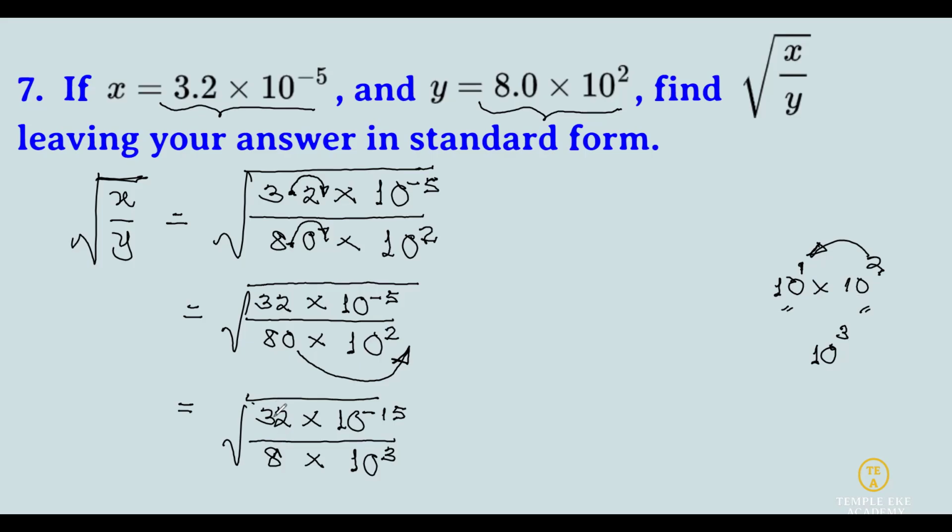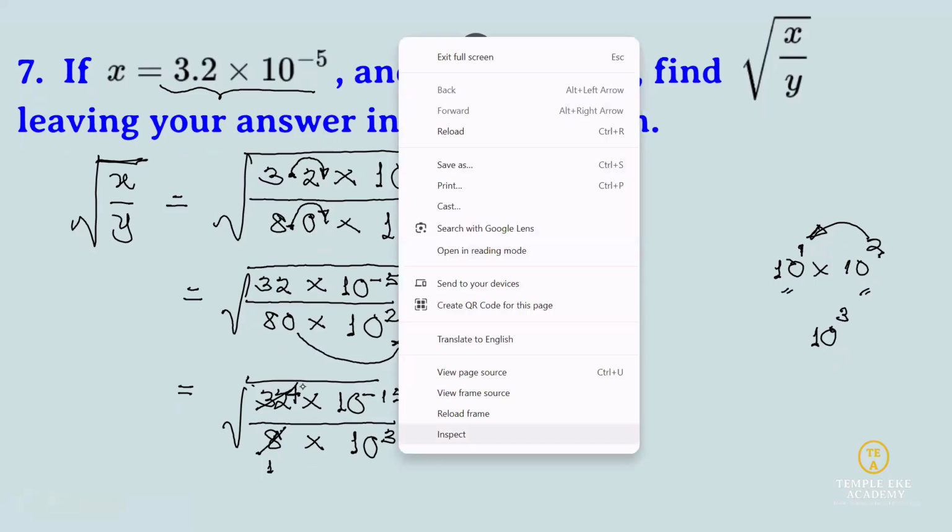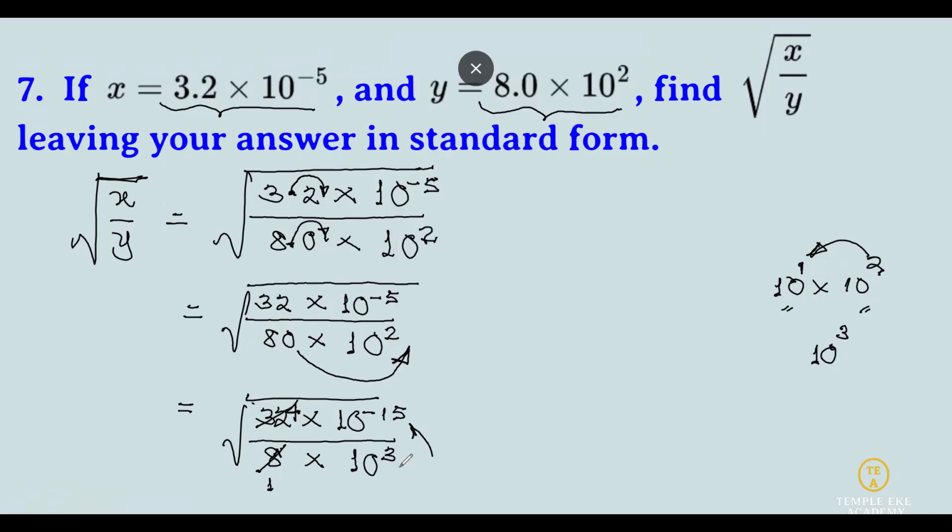First division: 8 can divide into 32. Straight away, 8 divides into 32 4 times. And take a moment to allow the 10 to the power 3 to relocate itself into the numerator.